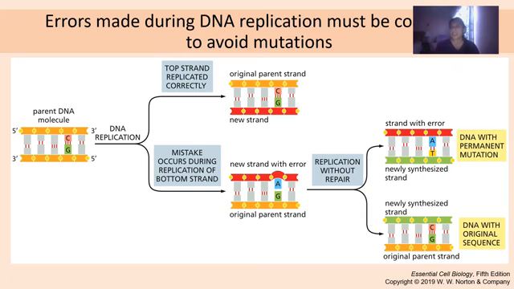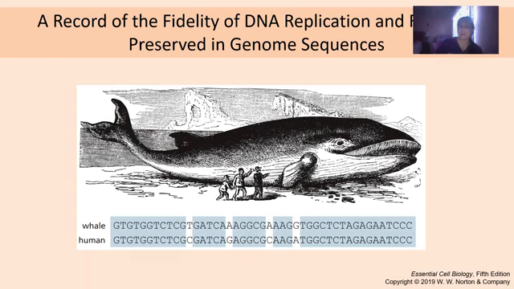So that mutation is there to stay, and that's extremely important to understand: you have to fix these mistakes in a timely manner before the cell has a chance to replicate, because once it replicates that mistake, that is there to stay. It's a permanent mutation inside that new cell.